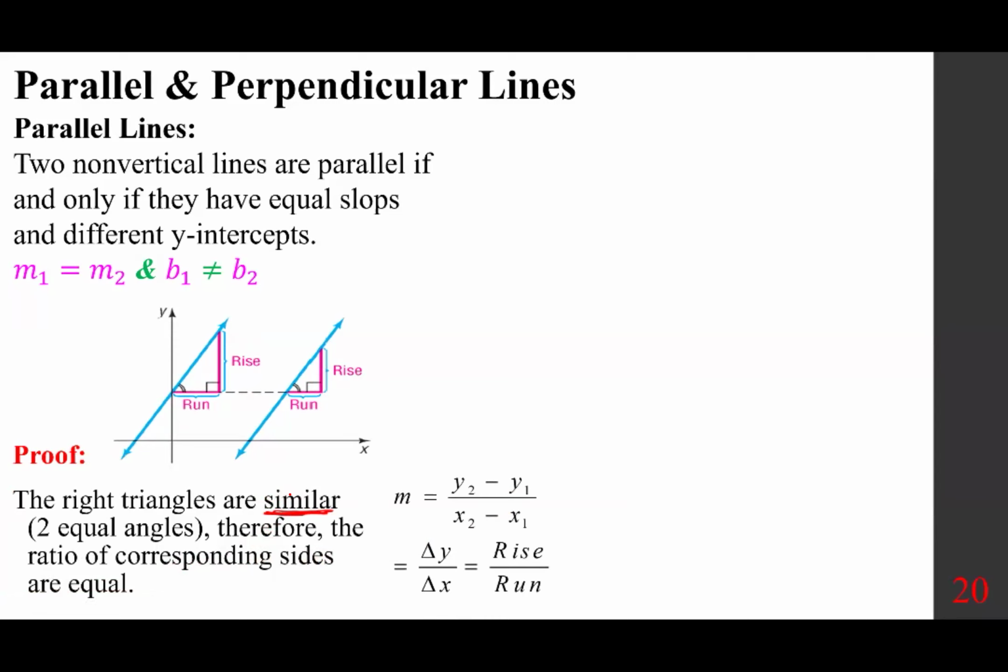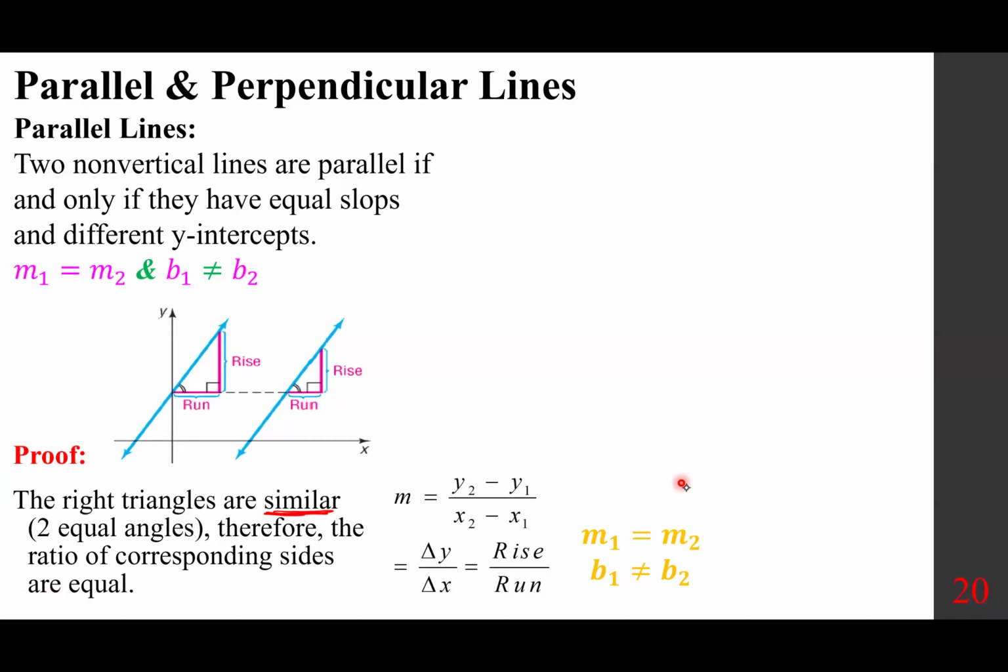And so therefore, if we call m sub 1 the slope for one and m sub 2 for the other one, they must be identical, but they can't have equal y-intercepts, because if the y-intercepts are the same, then of course it's the same line. If both of these are equal, it's the same line.